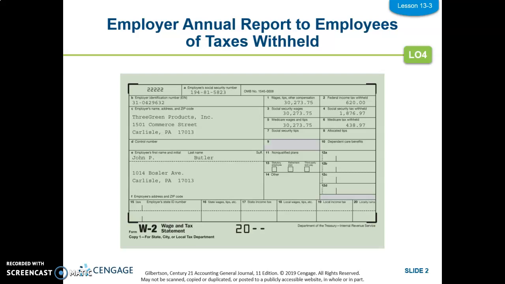What I would note is that every employee receives a W-2 from their employer. The information on this document comes from the employee earnings record. It is due from the employer to the employee by January 31st every year, because they have to provide this to the employees so the employees can prepare their federal tax return.